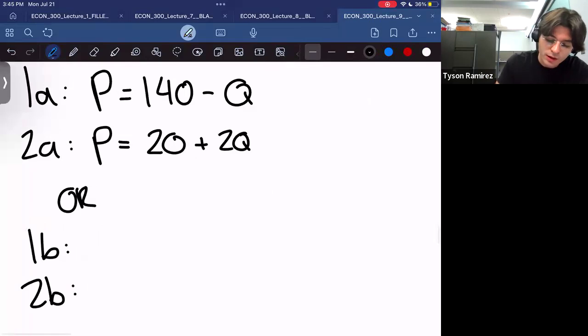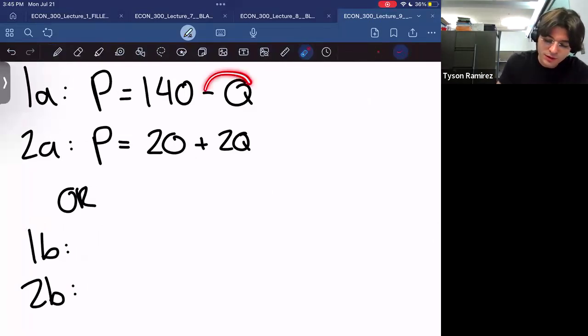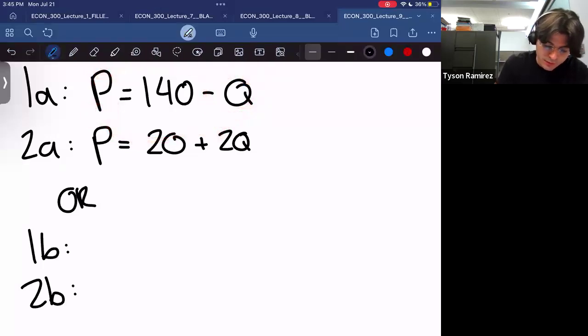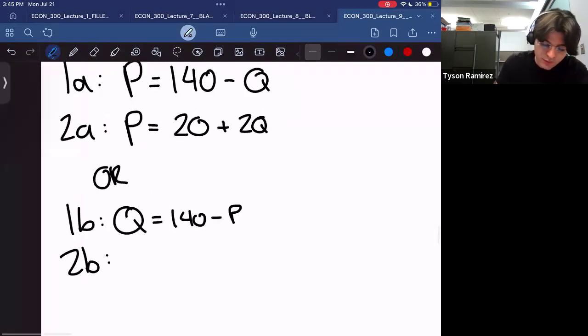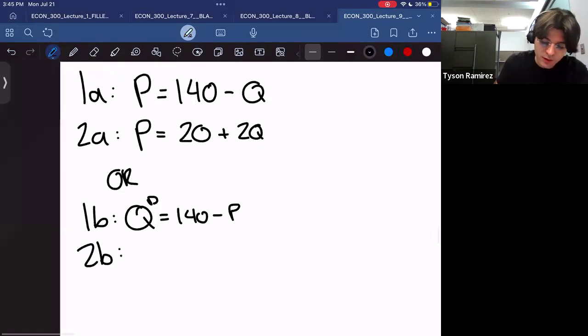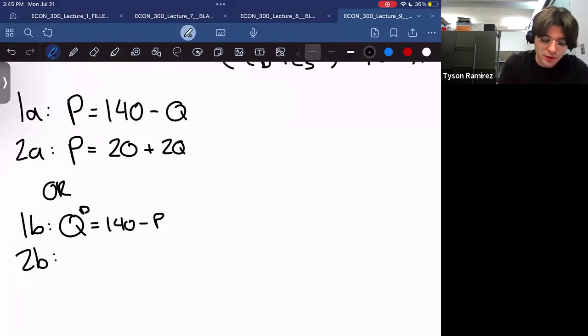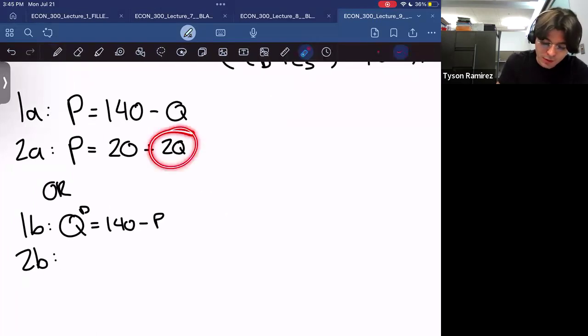The demand is actually pretty easy. All I do is send Q over to that side and send P over to this side. So I have quantity equals 140 minus P. That's quantity demanded. And somewhat the reverse for supply. From 2A, I want to send 2Q over to this side and P over to this side.